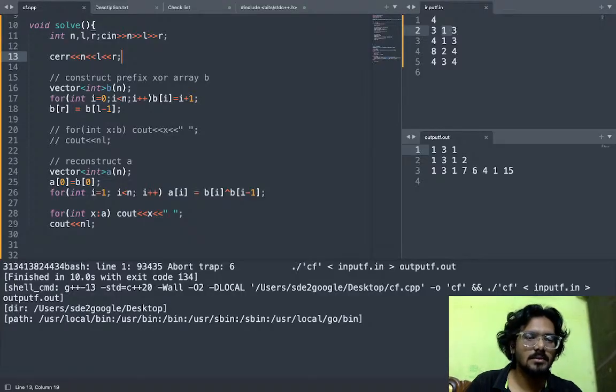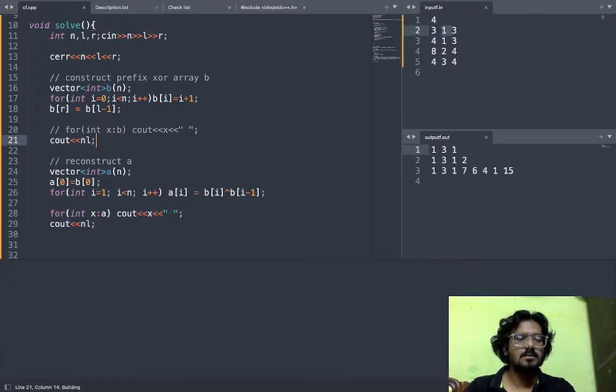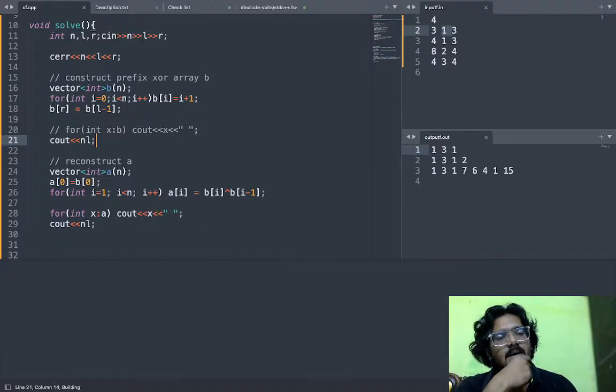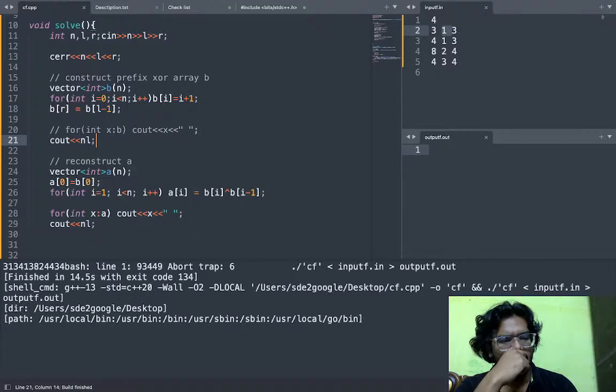There's a problem happening here. Are we getting stuck there or somewhere after that? Yeah, definitely there.